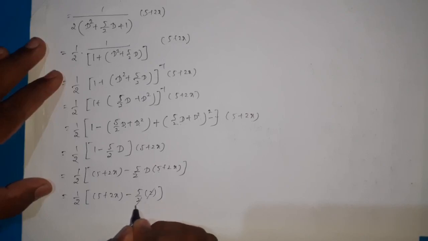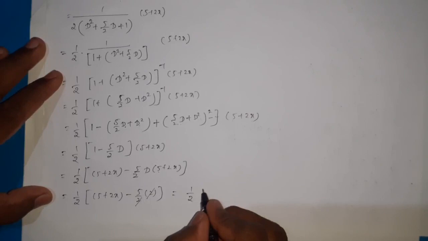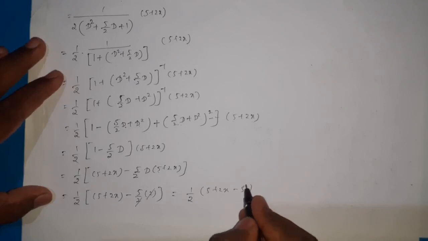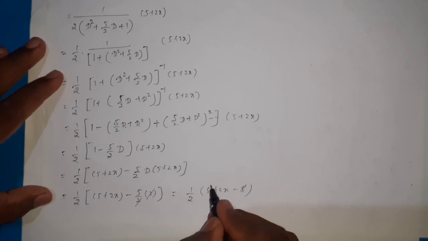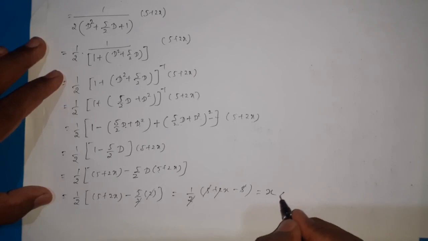The 2 and 2 get cancelled, it is equal to 1 by 2, 5 plus 2x minus 5, again 5 and 5 get cancelled, 2 and 2 get cancelled, remaining only x. So therefore here the particular integral is equal to x.